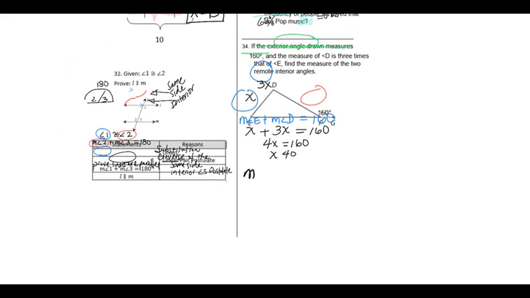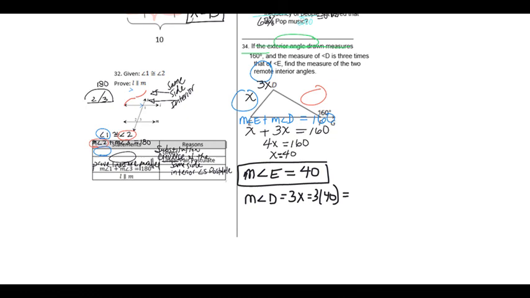The measurement of angle E, which is just x, so it's 40. That's one answer. The measurement of angle D, which is 3 times x, which is 3 times 40, which turns into the measurement of angle D being 120. So that's our second answer.